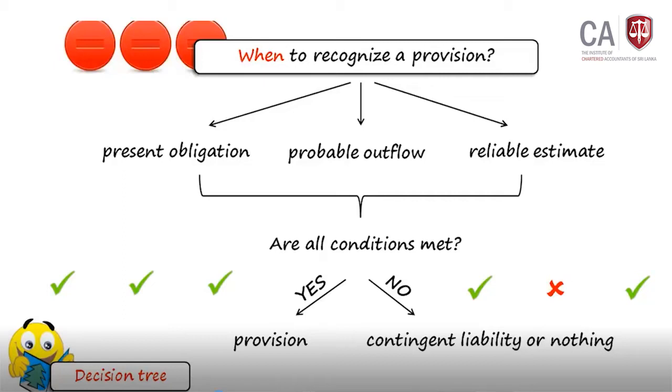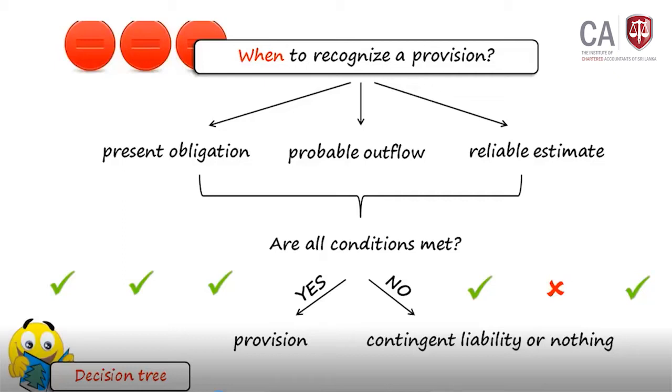If it is not a provision, since you have a present obligation, what is it? It's a contingent liability, or may not be a contingent liability, but it's anyway not a provision. It can be a contingent liability, which we will discuss, don't worry, or else it can be nothing. There is no provision or contingent liability if you don't satisfy these three conditions.